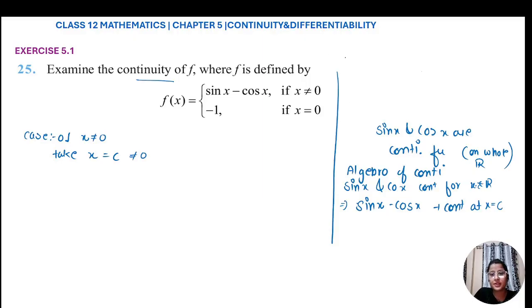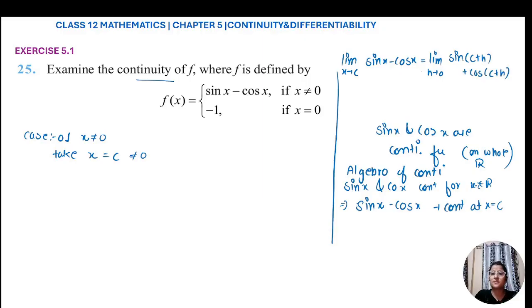But I'm giving you the limit definition: for any limit as x tends to c, sin x minus cos x can be written as the limit as h tends to 0 of sin(c plus h) minus cos(c plus h). This limit is very easy to find.